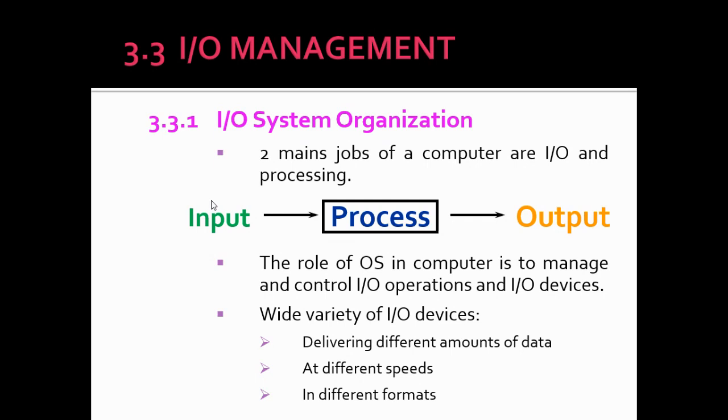So what is the job of the operating system? The operating system makes sure that all of this is done in a proper manner. Another example, you can consider input: the keyboard. The keyboard is also considered an input to the computer.